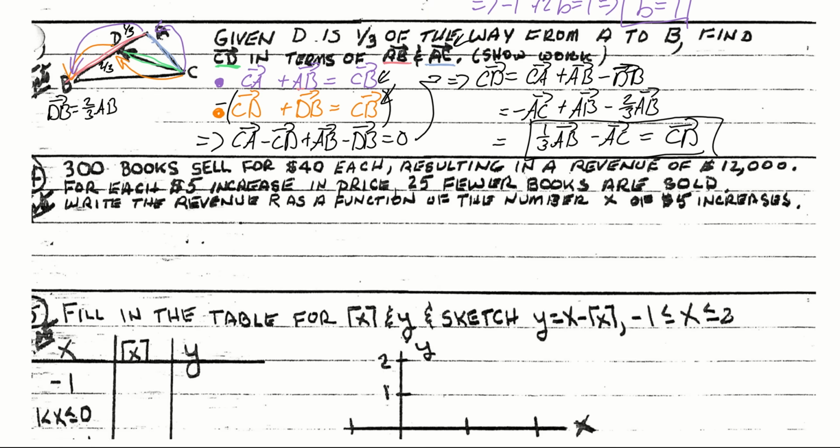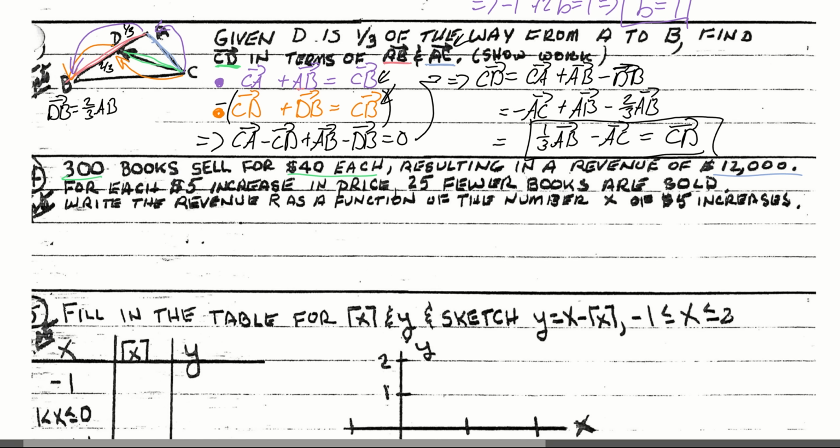All right, so this next one is: we have 300 books to sell for $40 each. I'm going to underline, we have 300 books, we're going to sell them for $40 each, resulting in a revenue of $1,200.